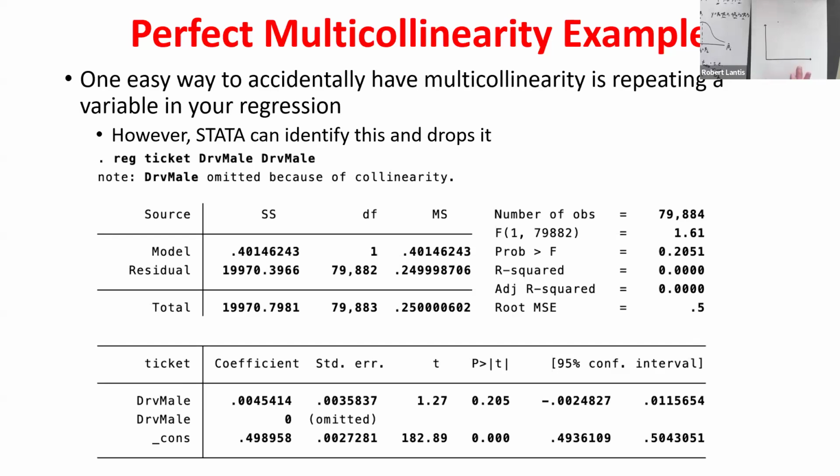When we have multiple variables, we're also saying this is the expected value of whatever coefficient estimate we're looking at, holding constant all the other variables that we've included in our regression. Well, if I hold driver male constant, is there any variation in driver male? No, right? They're the exact same value. So we just can't run that regression.